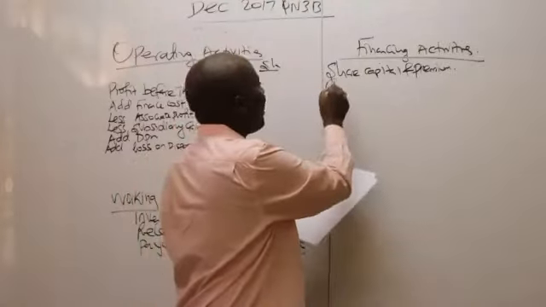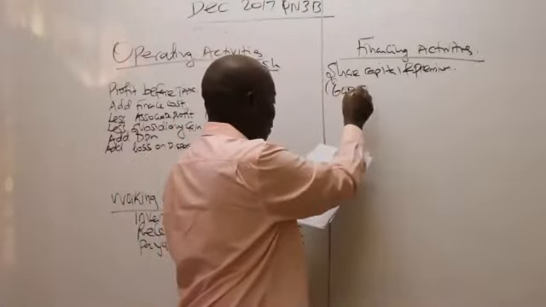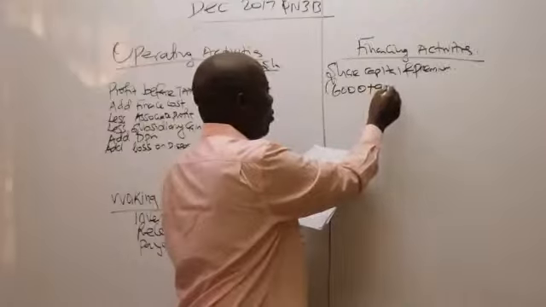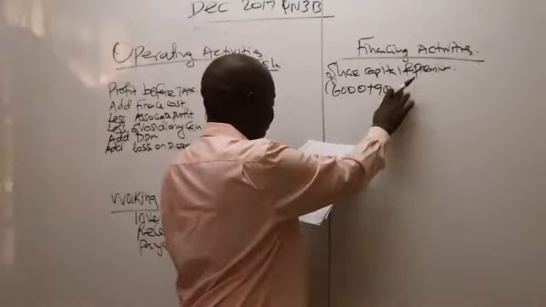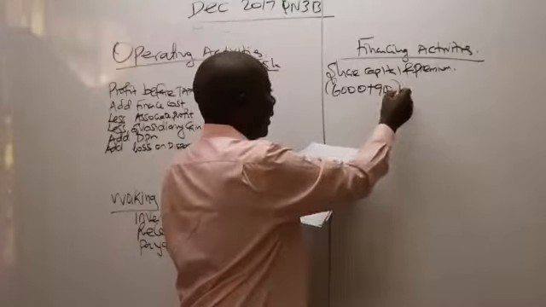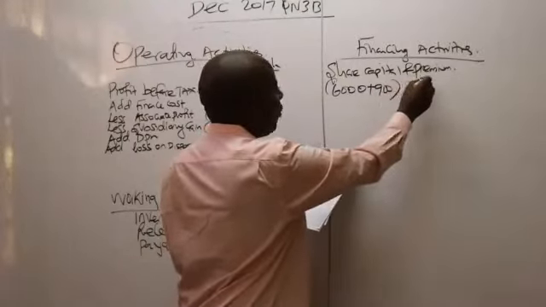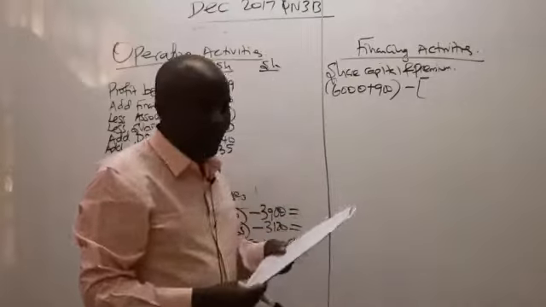Abracadabra, closing balance is 6,000 plus 9,000 plus 900 plus 900 plus 900, like that, minus the opening. What is the opening?